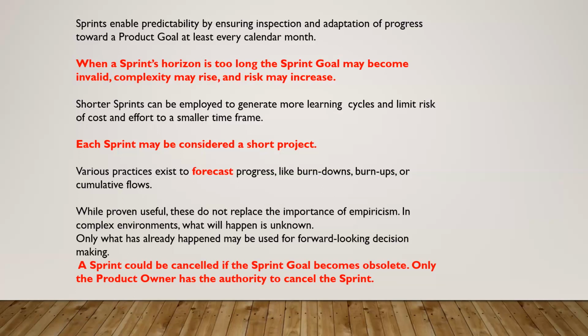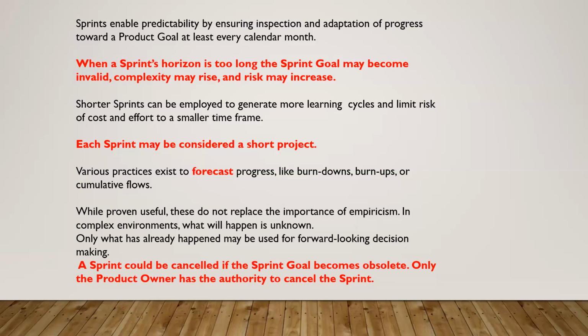A sprint could be cancelled if the sprint goal becomes obsolete. If the team thinks we are not able to achieve the sprint goal, in that case the product owner has the authority to cancel the sprint. No one else, please. He is the person who can take the decision of canceling the sprint: the product owner, not the development team, not the Scrum Master.